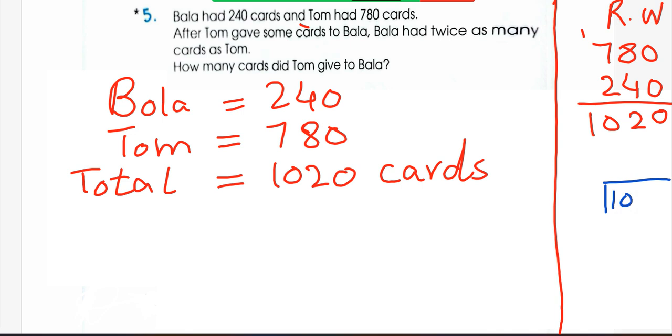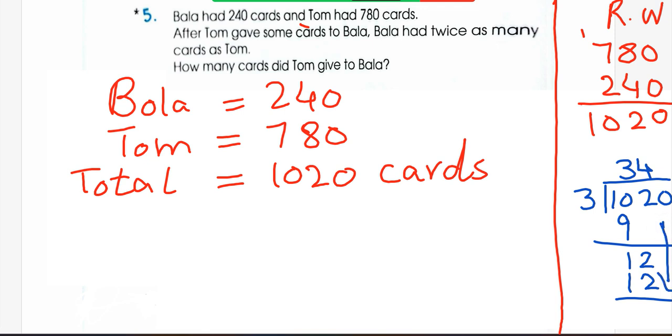Let's divide it into 3. 3 times 3 is 9. 1 left. 2 get down from the top. 3 times 4 is 12. And 0 get down. 3 times 0 is 0. 340.